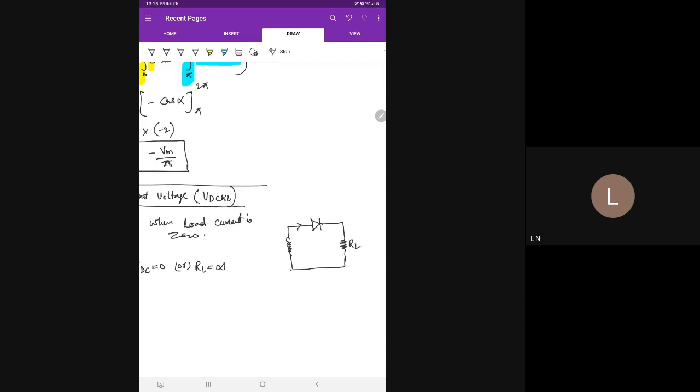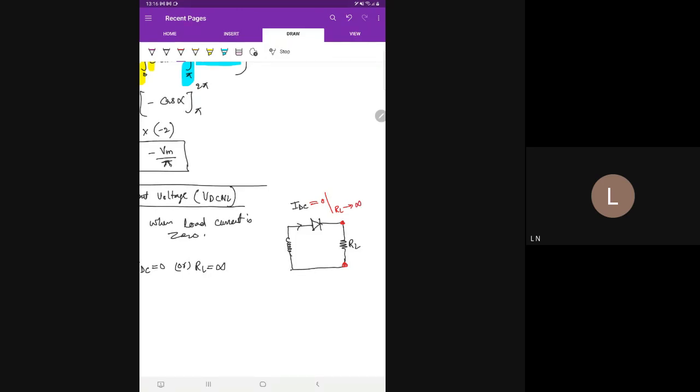The current that flows through the diode is known as IDC. IDC will be zero when there is no load present, when there is an open circuit at the load resistor. Open circuit is a very high resistance, so no DC current flows when the load resistor tends to infinity.